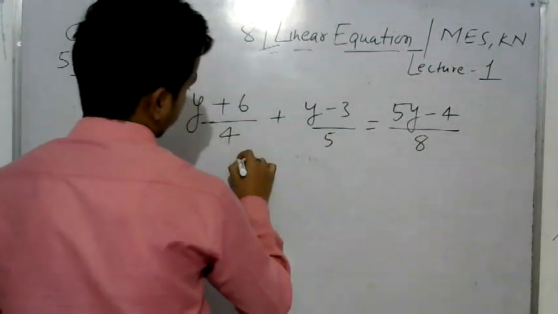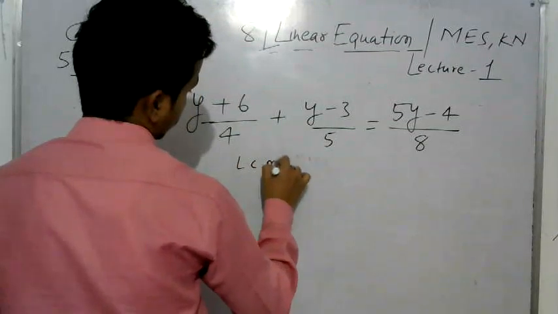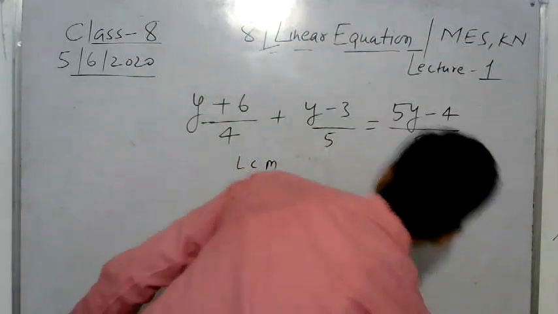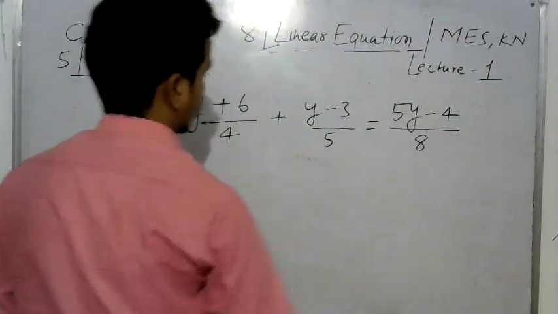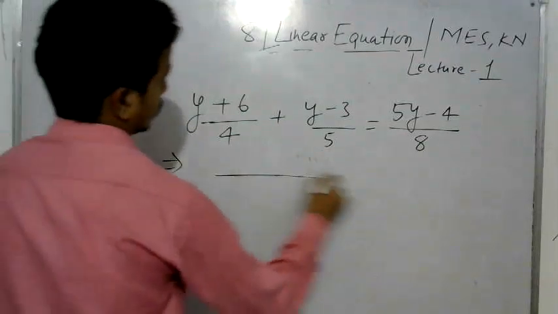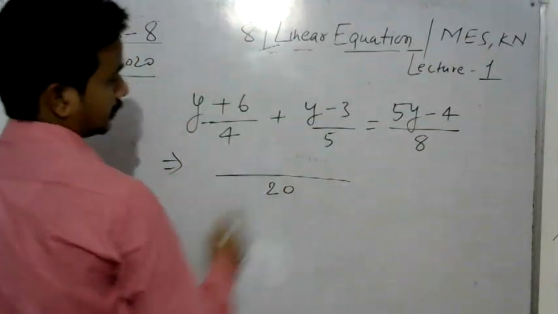So what is the LCM of 4 and 5? The LCM of 4 and 5 is 20.